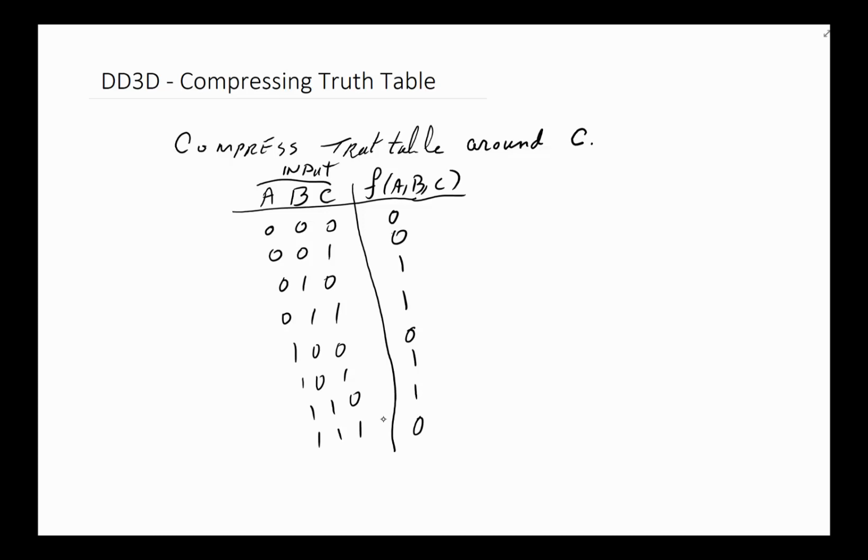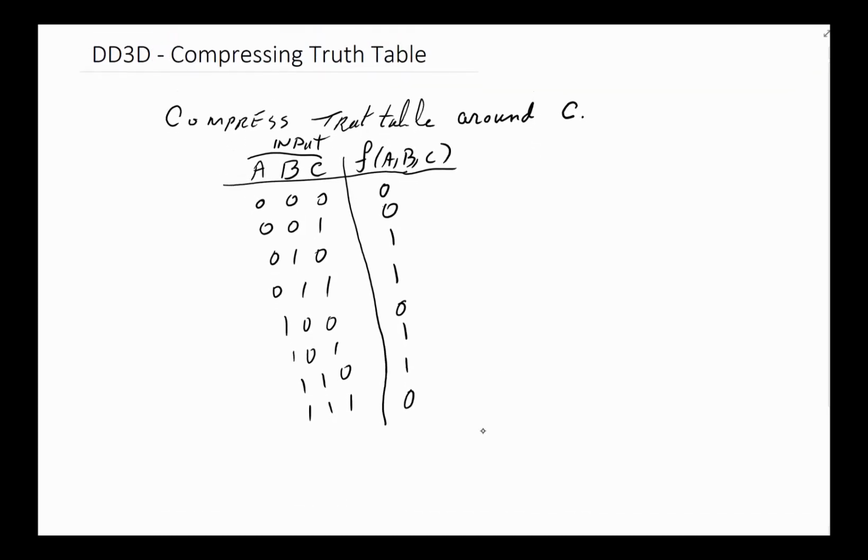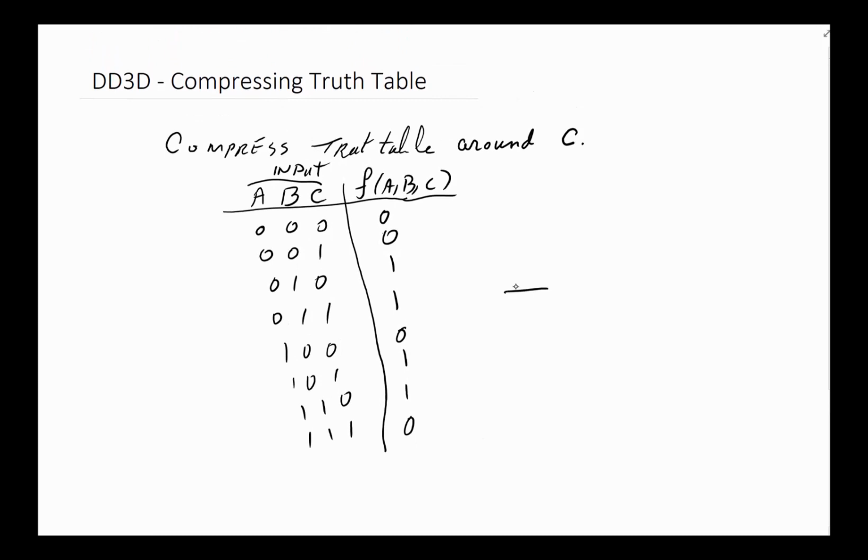We're not even interested at this point. We're only interested in whether there is a way we could compress this table so we could have a table compressed around C that would have only A and B on the input side, and the function still is a function of A, B, C, but our truth table will only have 4 rows.